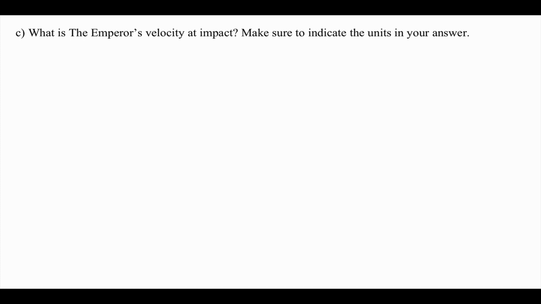So a couple buzzwords there: velocity, impact. What do we know about velocity? First derivative, right? So that means it's going to be s prime of t. Good. What do we know about impact? Okay. What else do we know? At 5 seconds, right? t equals 5. So what do you think we're going to do? There you go.